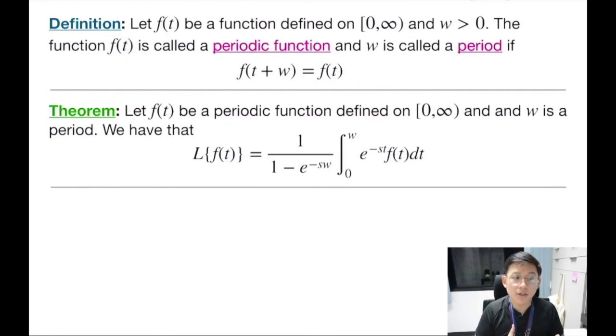The function f is called a periodic function, and w is called a period, if f(t plus w) is f(t).